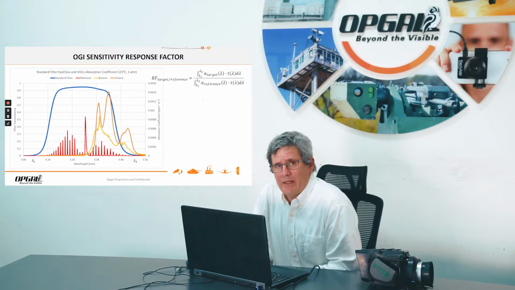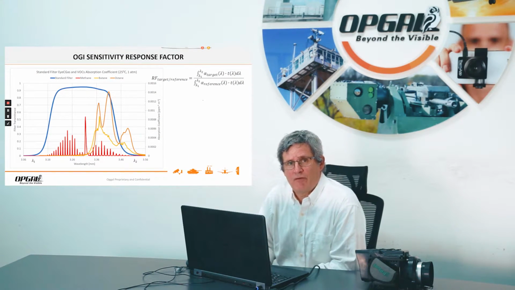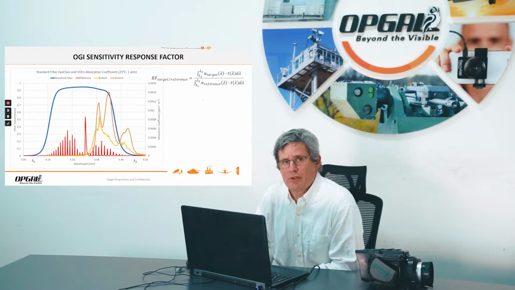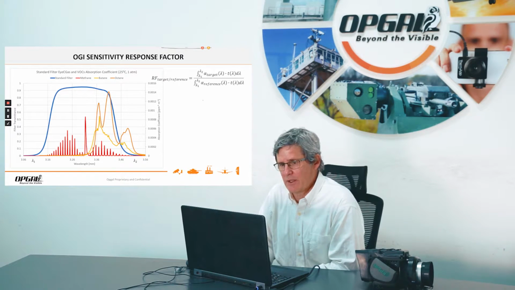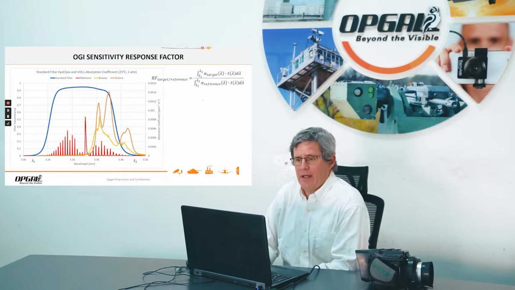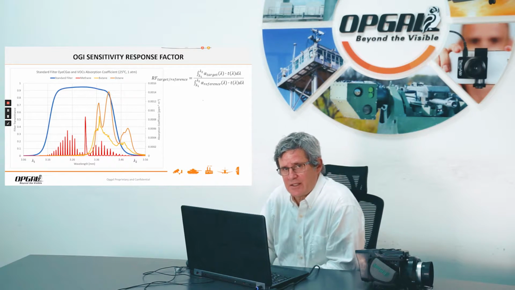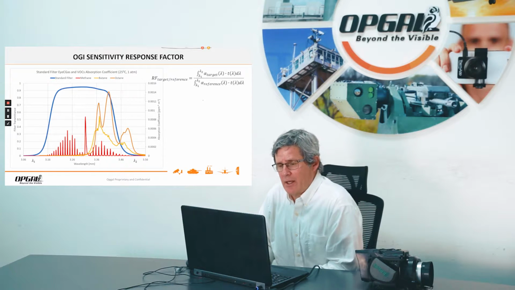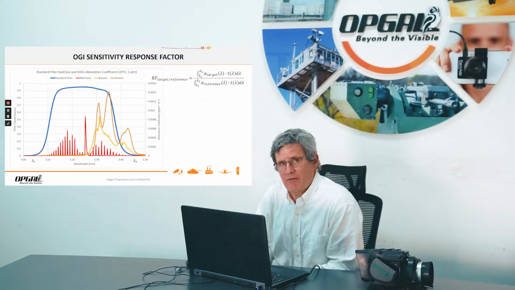Many people in thermal imaging define the sensitivity of a thermal imager as noise equivalent temperature difference, called NETD. When we're talking about OGI sensitivity, we want to know how sensitive the camera is to detecting gas leaks.